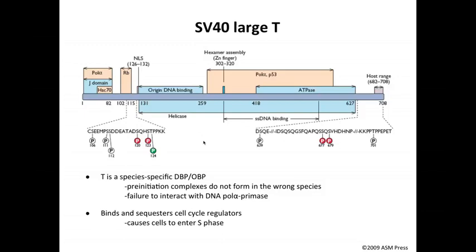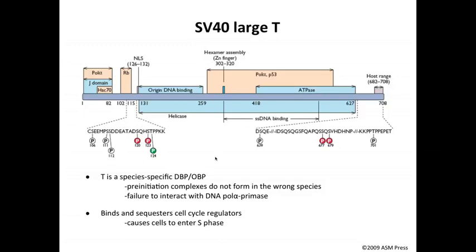They make sure that cells only divide when they have to. And SV40 T binds both of them. And the consequence of that you'll see in a moment. And in addition, SV40 T is modified by phosphorylation at many amino acids, as shown here. The red phosphorylation sites inhibit its activity at the origin, and the green ones stimulate its activity. So it's a highly regulated protein.